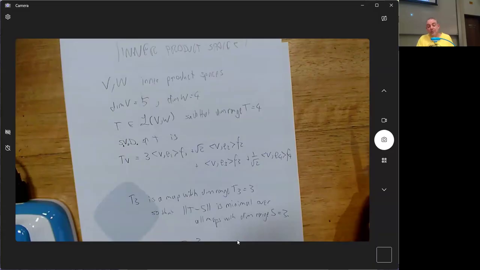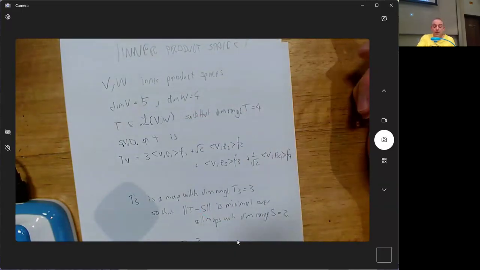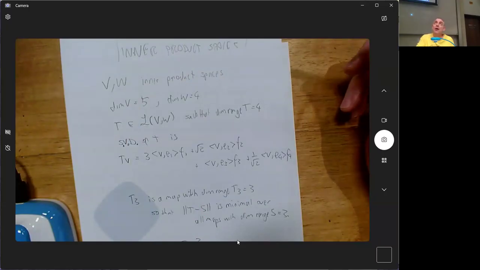So I think these E's have to be in V. I presume they're a basis too for whatever it is they span, but they're not a basis for the whole of V, because V's got dimension 5. So in some sense this looks like I'm trying to copy a part of W in V in some way, is what I'm thinking.